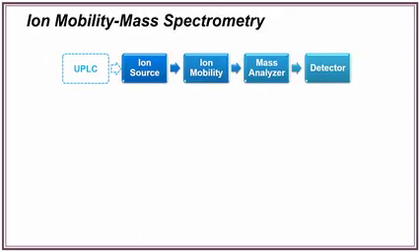In all of those instruments, regardless of which ion mobility platform you're using, the general arrangement of where the mobility cell sits is pretty consistent. Typically it sits after your ionization source, because it's ion mobility, so it has to be an ionized analyte for this process to work.